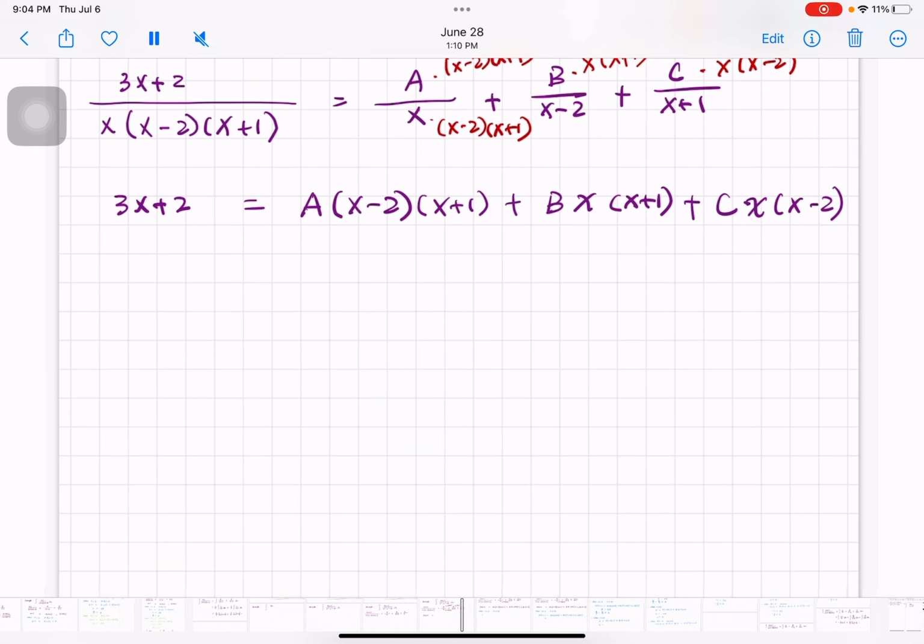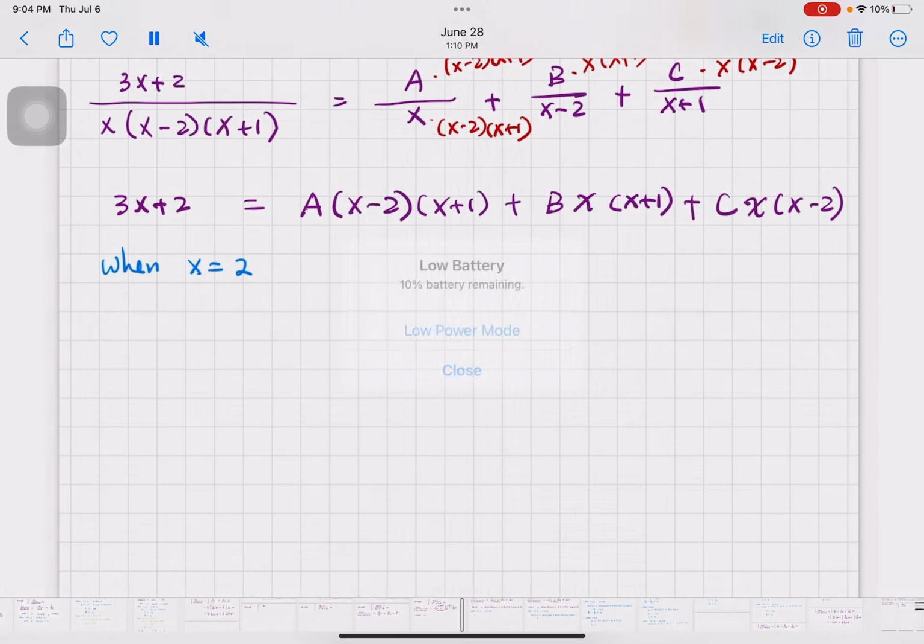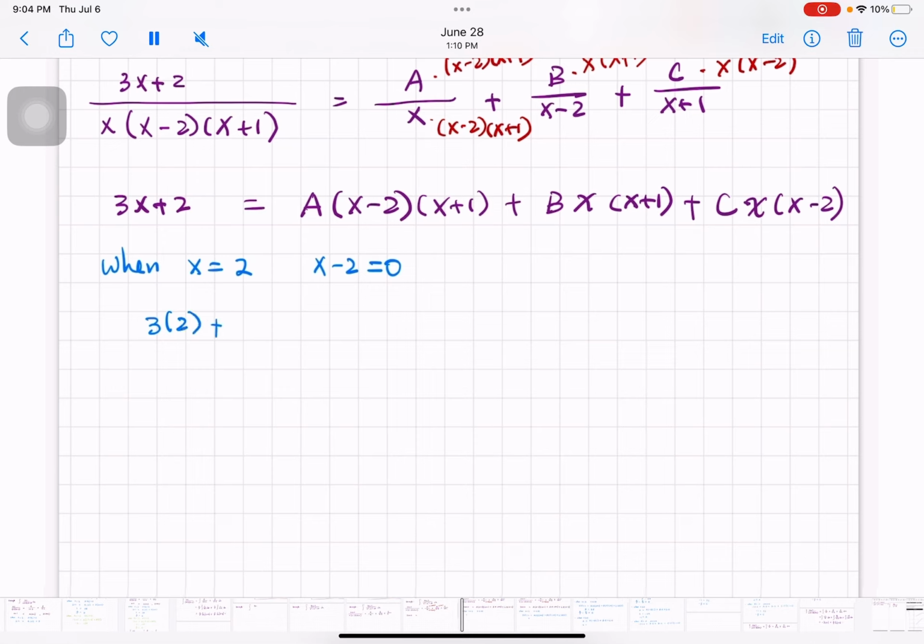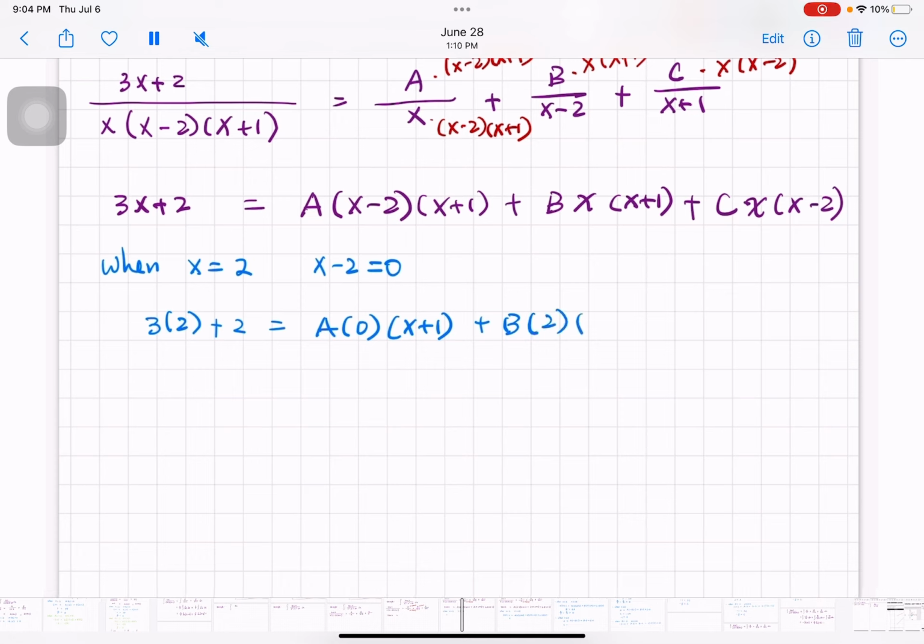I will use the same technique. When x equals 2, x minus 2 will equal 0. So in this version, it eliminates the A term because I'm multiplying A by 0, and also the C term because I'm multiplying C by 0.